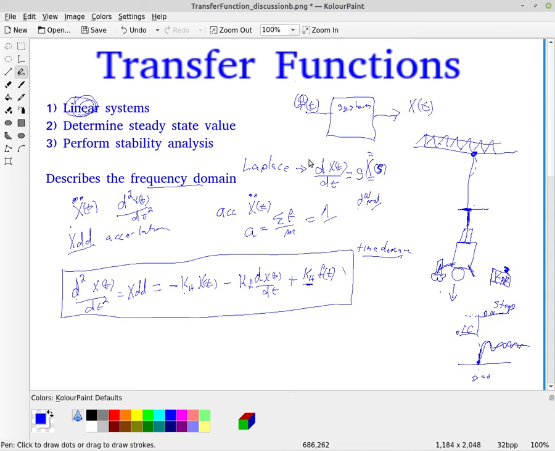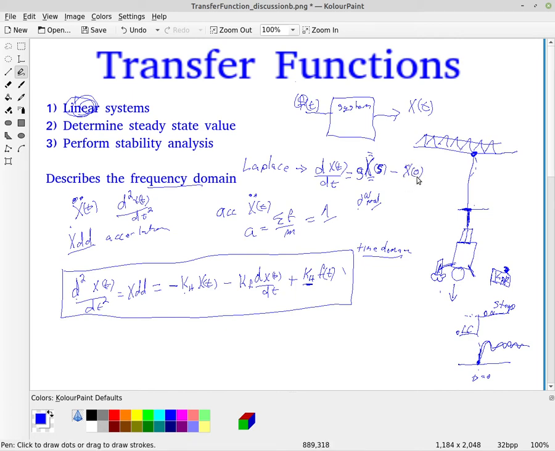Now, when you do the Laplace transform of a derivative, you get s, which is this j omega frequency piece, times X in the frequency domain, minus the initial condition, so minus x of 0.